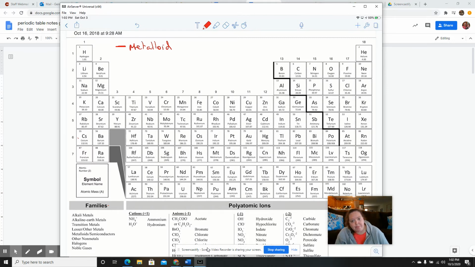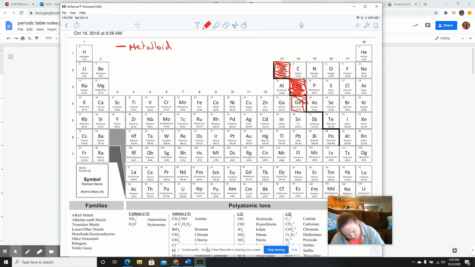okay? And the metalloids fall directly on the staircase, okay? So we have boron, silicon. Now I know aluminum looks like it should be on the metalloid list, but it is not, okay? It's an exception, so we're not going to color that in, okay?